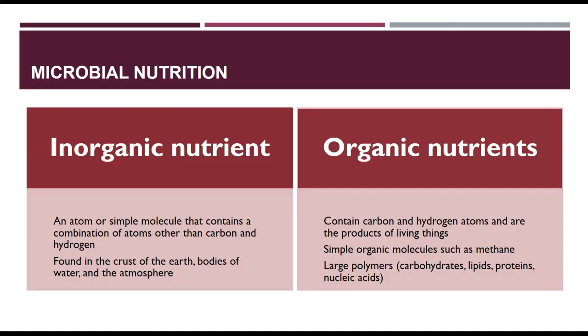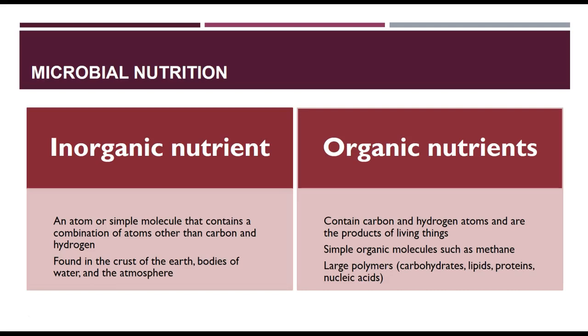So when we're talking about microbial nutrition, there are 2 ways that organisms can get their nutrients. They can either get it from an inorganic source or an organic source. So when we're talking about inorganic nutrients, these are things that have never been living.